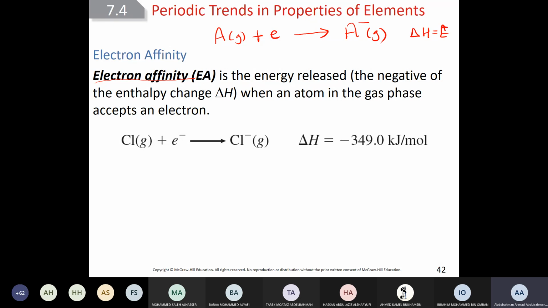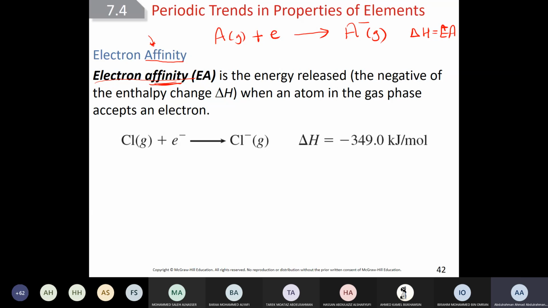Electron affinity. What's the meaning of affinity? This is an English word. By the way, you can say I have affinity to rice.